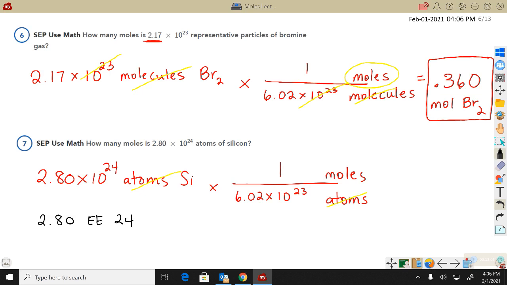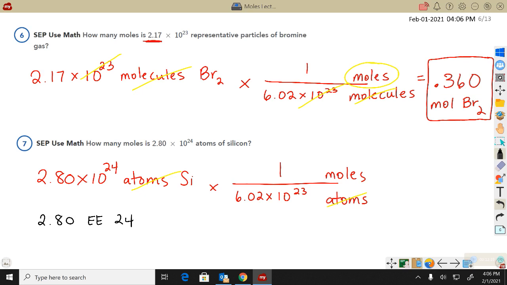Sometimes you might see numbers like this on your calculator where you do a big calculation and you see something like 2.8 E24. And you're like, what's that E mean? Or EE? Scientific notation. It means times 10 to the 24th.